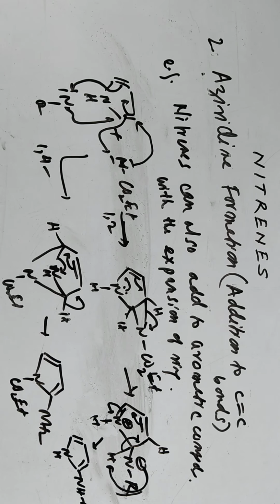So this is about the addition of nitrenes to a carbon double bond. The nitrenes can also add to certain aromatic compounds, followed by ring expansion or by rearrangement. In the case of benzene we got a ring expansion, and in the second compound a rearrangement takes place. So this is about the reactions of nitrenes.